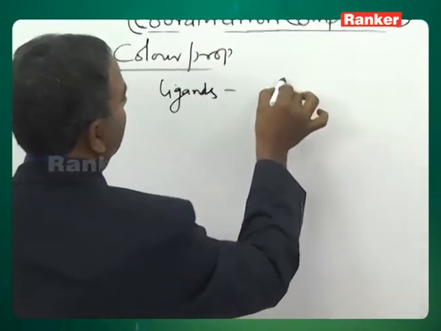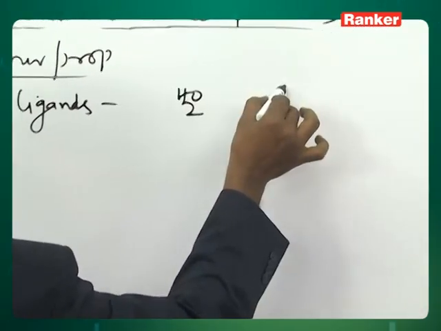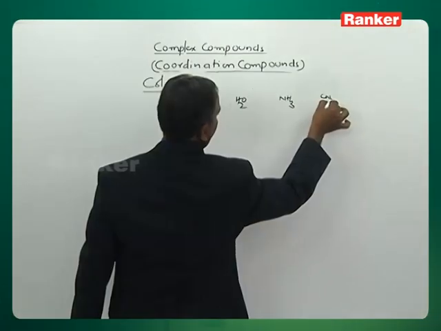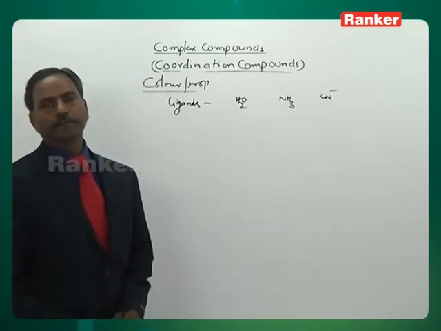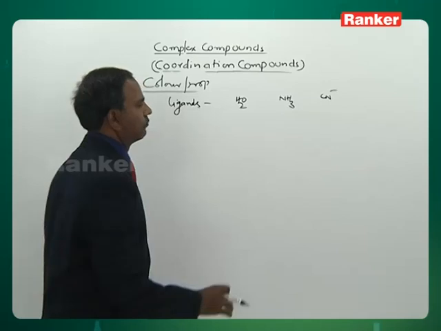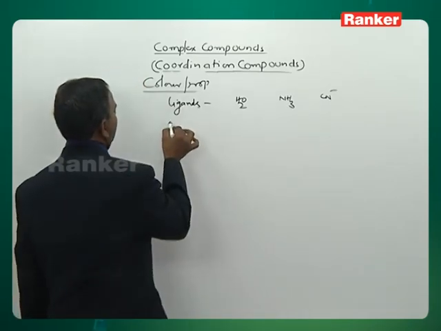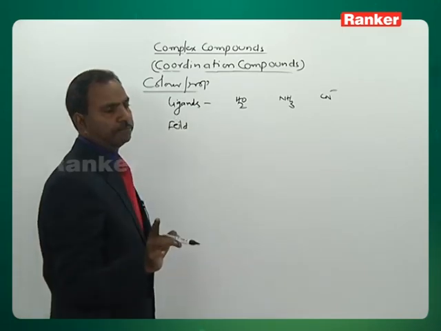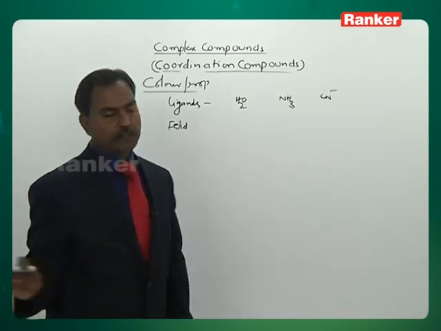First I am writing the aqua ligand, amine ligand, look here, cyano ligand. 3 ligands are written: aqua, amine, cyano. Next, field strength. You know, the spectrochemical series is already given, clearly given. I said you have to remember the entire series also.